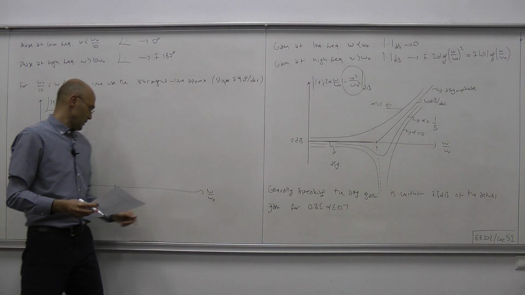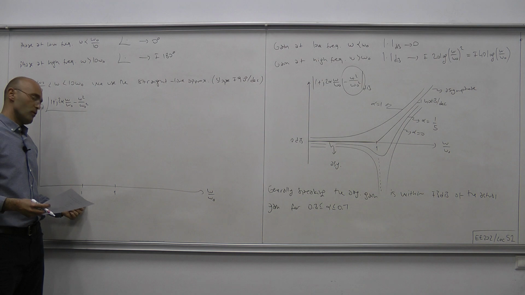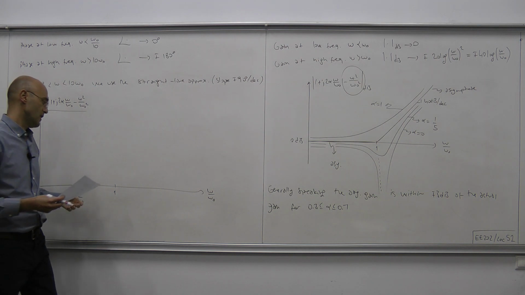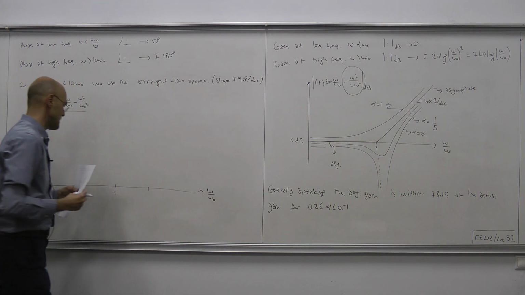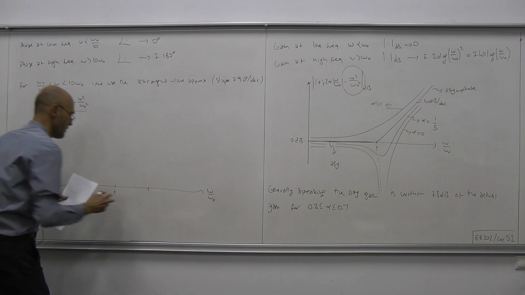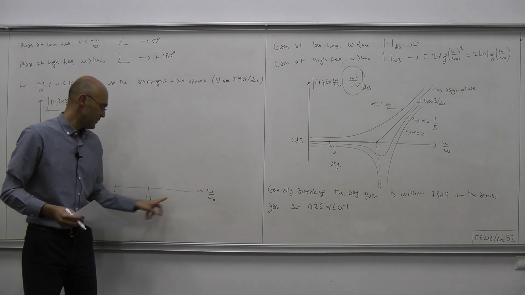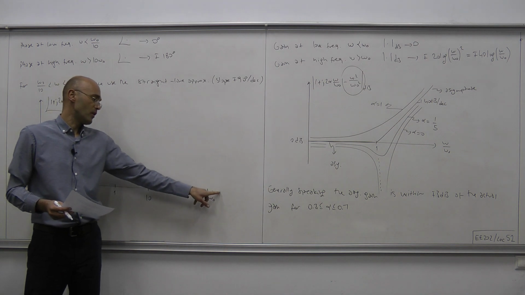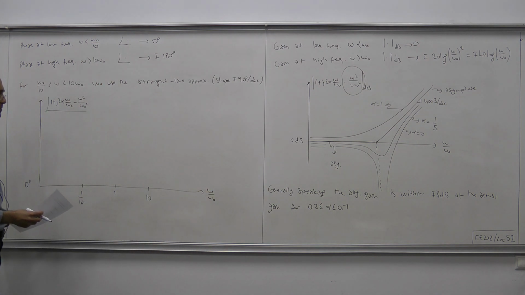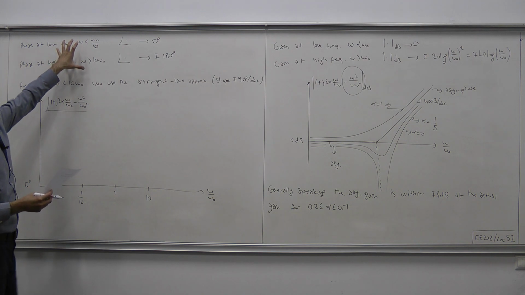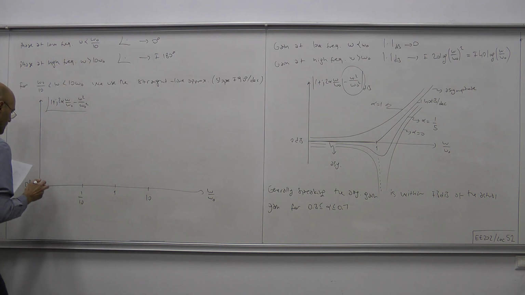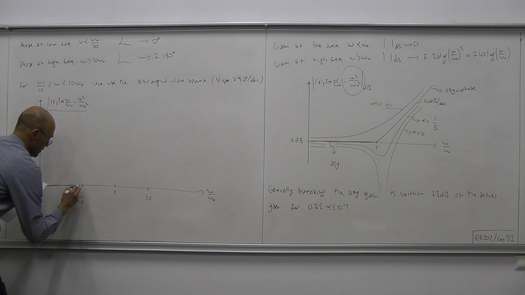That is, this corresponds to omega 0, and this corresponds to omega 0 over 10. And then go 1 decade to the right, 10, and this corresponds to the frequency where omega equals 10 omega 0.